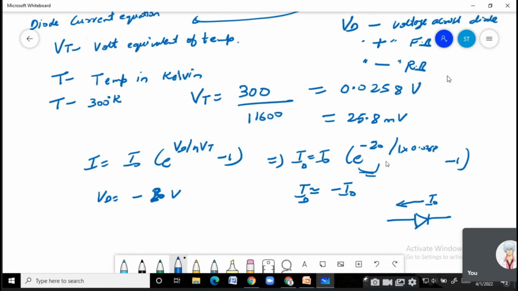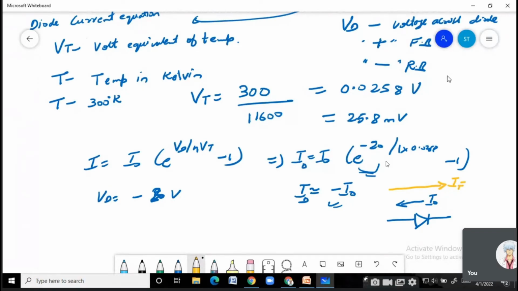So don't worry if you have a negative sign in your answer under reverse bias condition. If this is the forward current, I will use a big arrow for it, because the forward current is always larger than the reverse current. This is the direction of the forward current, the yellow line, and this is the direction of the reverse current.